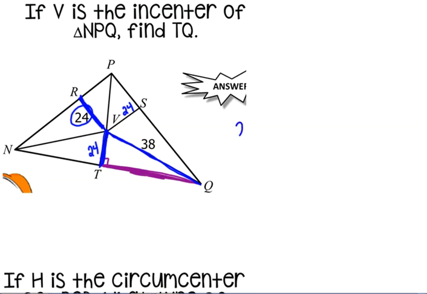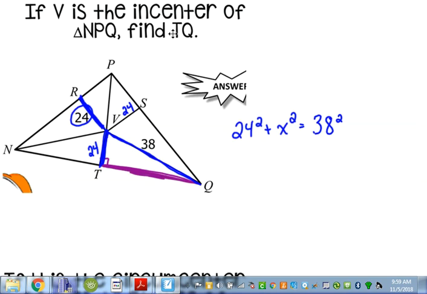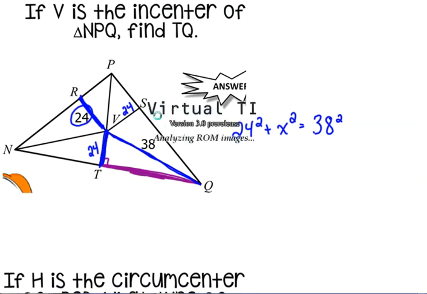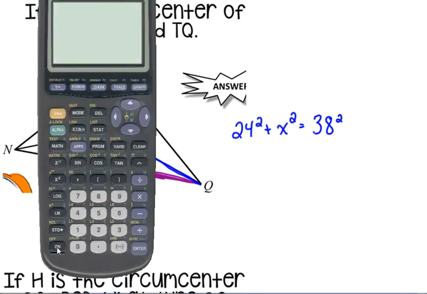So let's set up our Pythagorean theorem. We've got 24 squared plus, this is what we're looking for. You could use TQ if you wanted to. I'm just going to use x squared is equal to 38 squared. I am going to rely on my calculator to get this answer. 24 squared, 38 squared.